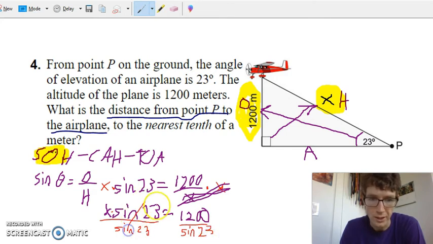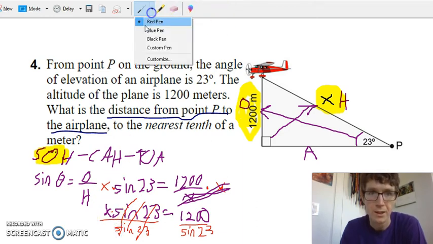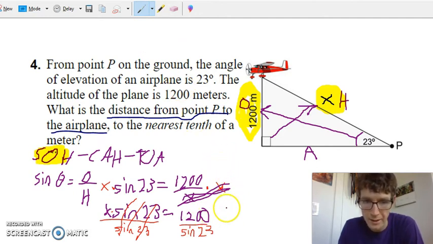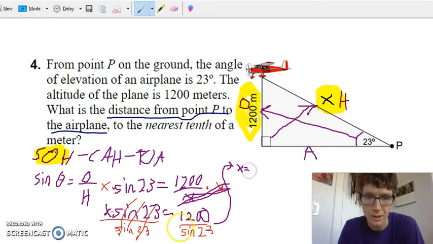So it cancels over here, and we're left with an x. So I'm just going to carry this right over here: x is equal to 1200 divided by the sine of 23. Okay, so we got that.